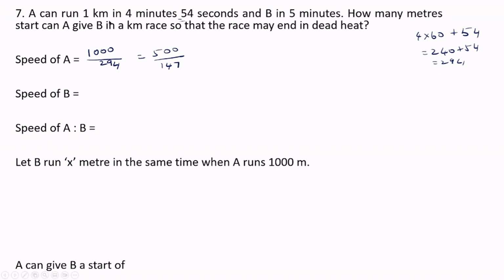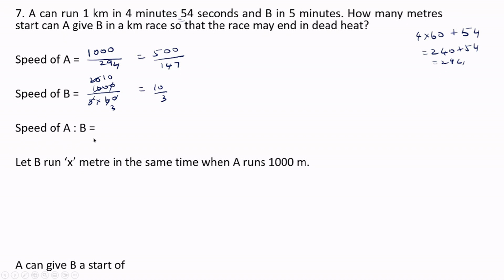And next B runs 1 kilometer in 5 minutes. So speed of B is 1000 by 5 into 60 seconds. So this is 10 by 3. And now we have the ratio of their speeds.